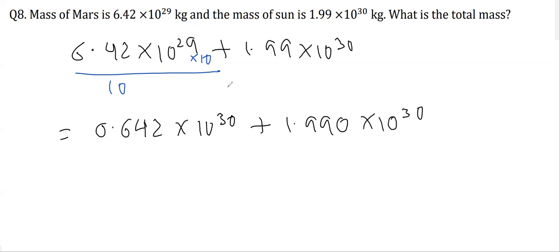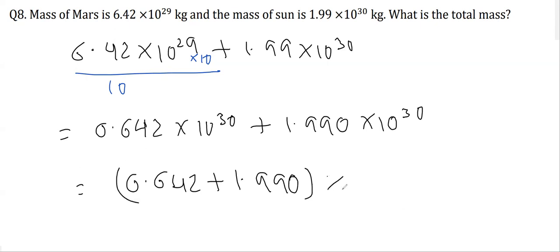We can take 10 raised to the power 30 as common, so I can add 0.642 plus 1.990.